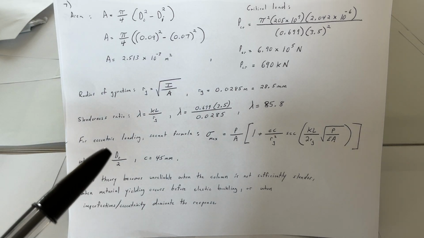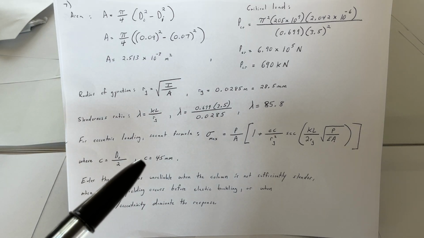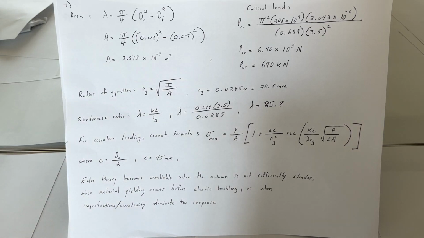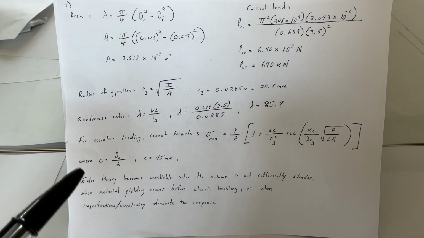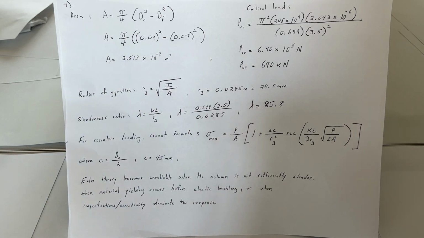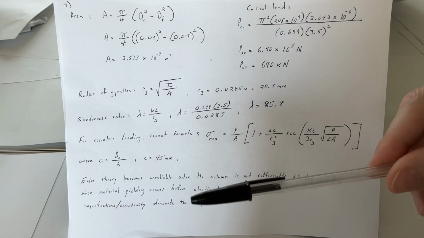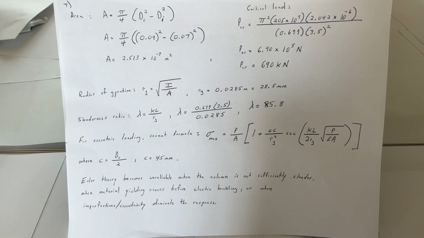And here C equals D outer over 2, so C equals 45 mm. And Euler theory becomes unreliable when the column is not sufficiently slender, when material yielding occurs before elastic buckling, or when imperfections and eccentricity dominate the response.